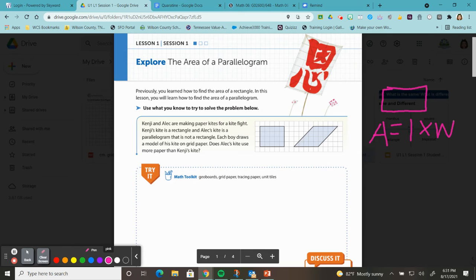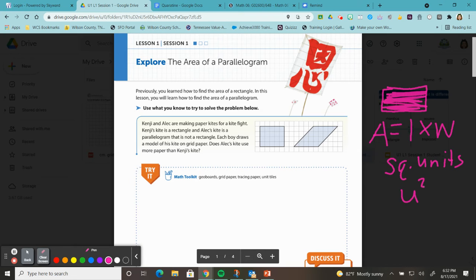We have also talked about the space inside of this rectangle. That is the area. When we measure the area, we are measuring in square units. There are some that like to write this as units squared. Both ways are correct.